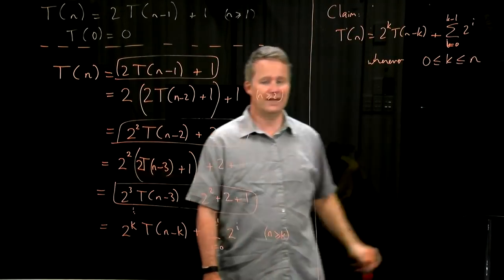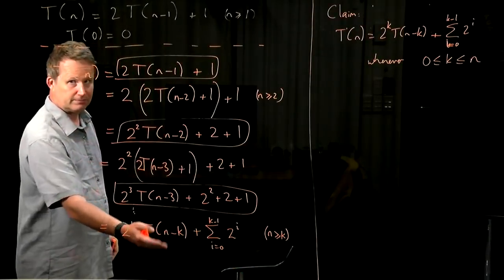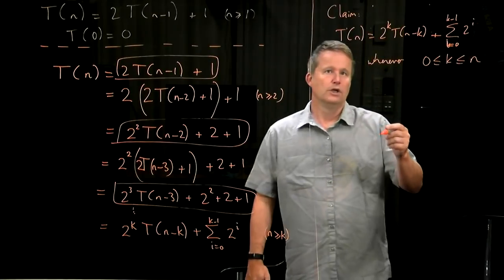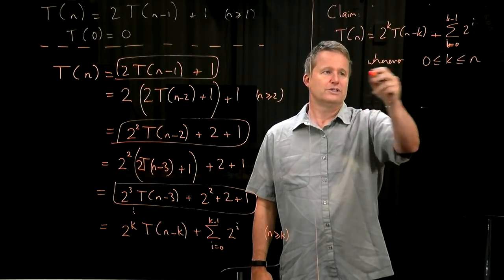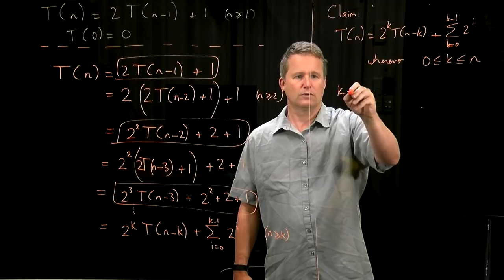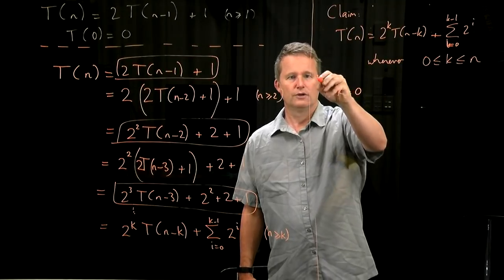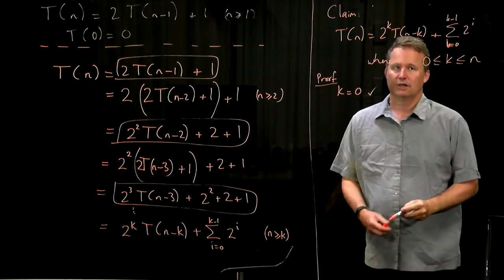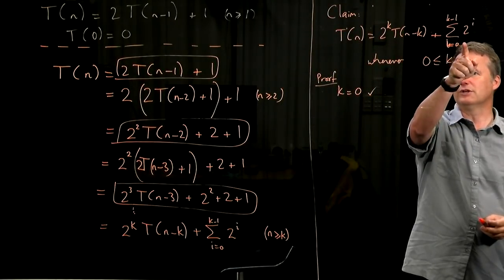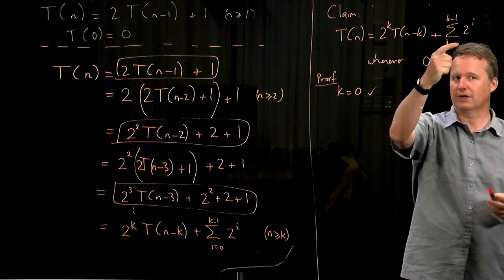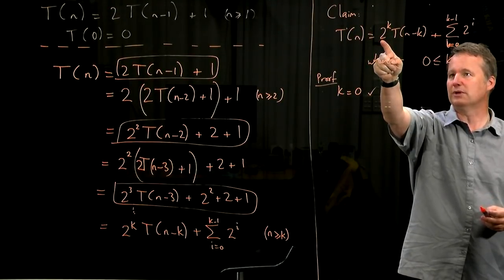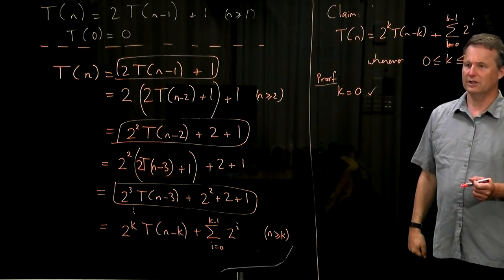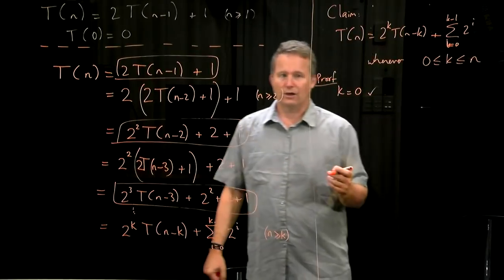Obviously if k is bigger than n, we can't do that because t of a negative value is not defined. So let's claim that. Well, we're going to prove by induction. K equals 0 is obvious. For k equals 0, this sum is a sum with no terms in it, so by convention it's equal to 0. This would be 1 times t of n, and this would be t of n, so it's trivially true by definition.